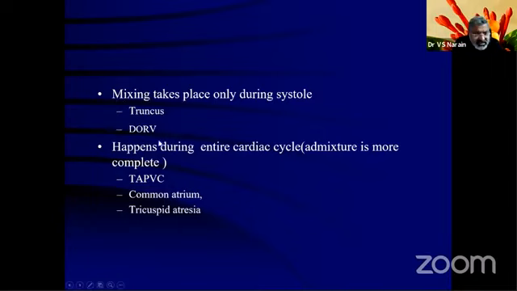So mixing is occurring in systole. In all the other situations, mixing is occurring all through the cardiac cycle, and therefore the admixture is more complete, such as those with common atrium, tricuspid atresia, and TAPVC. So it is very obvious that mixing can occur in either systole or through the entire cycle, and these are the situations where this can happen.